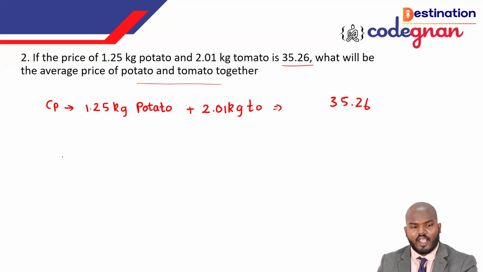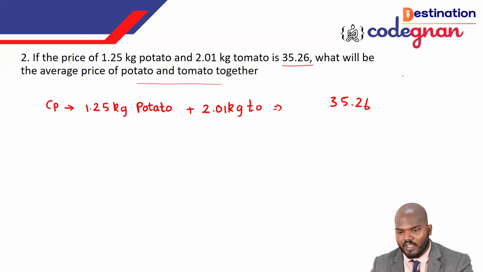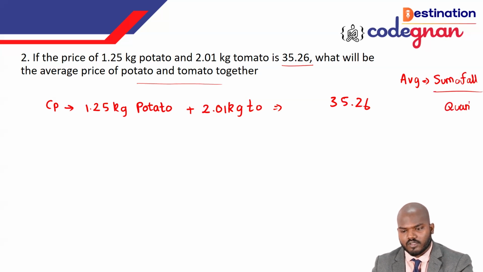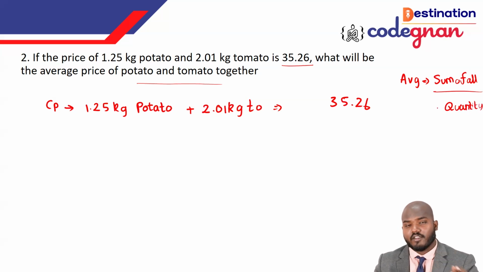They are asking for the average price. Does anyone know the average formula, guys? I'm writing the average formula here. Average means sum of all, divided by quantity. This is the term called average formula, a very basic formula.